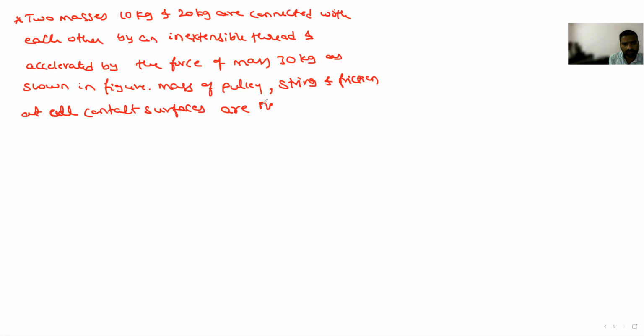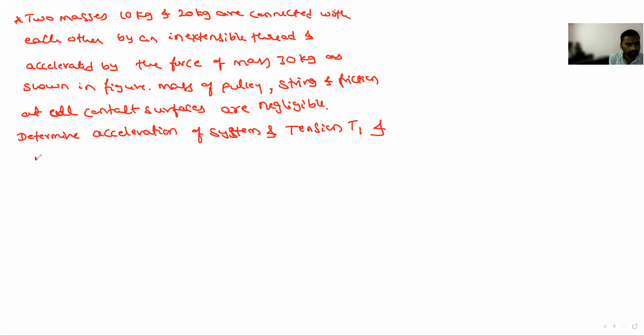Determine the acceleration of the system and tension T1 and T2 in threads.